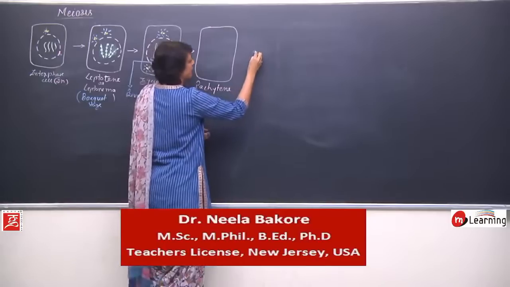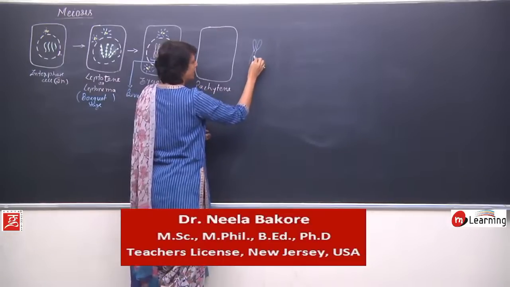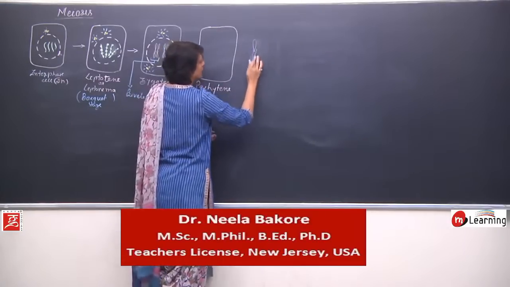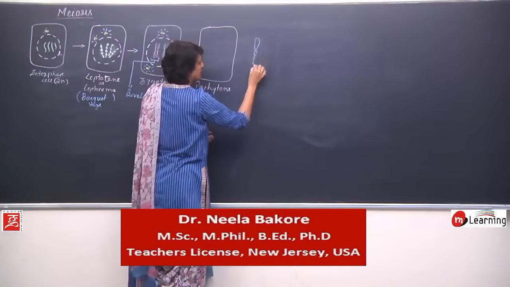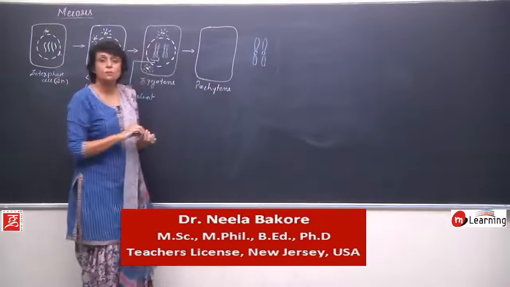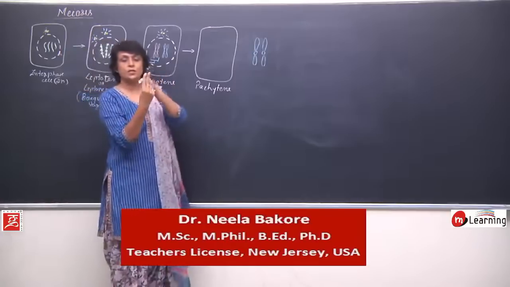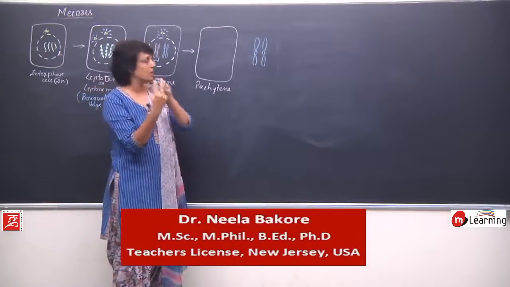Say this is one pair of chromosomes. So this is one pair. This pair splits vertically. Assume this is one arm and it is going to split like this. So now you have two arms here.